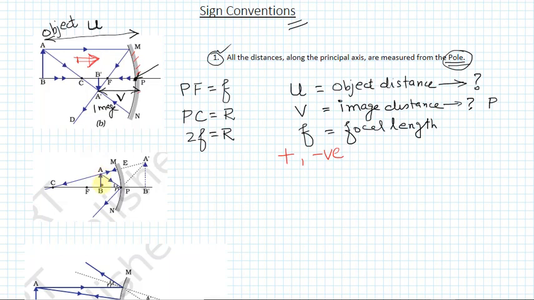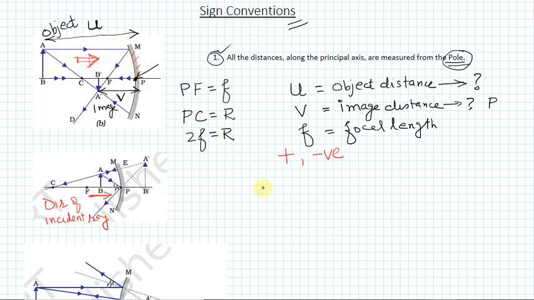Here also AB is the object, and this is the direction of incident ray. It's important to know the direction of incident ray. By chance, here we have the mirrors drawn in such a way that object is towards the left and the mirror is towards the right. So direction of incident ray is from left to right.